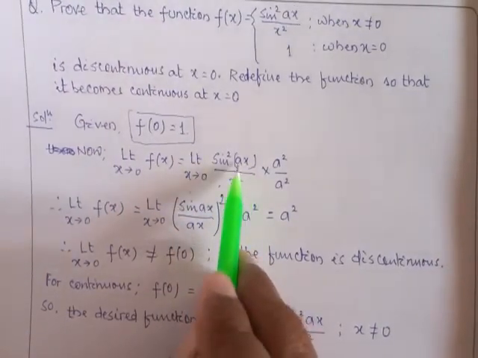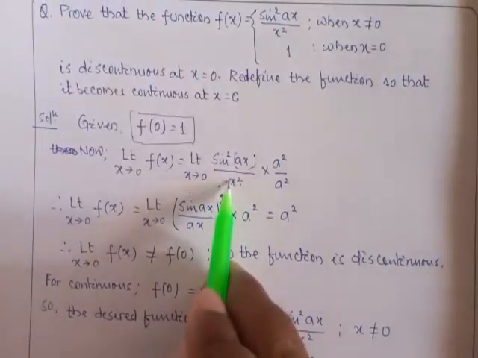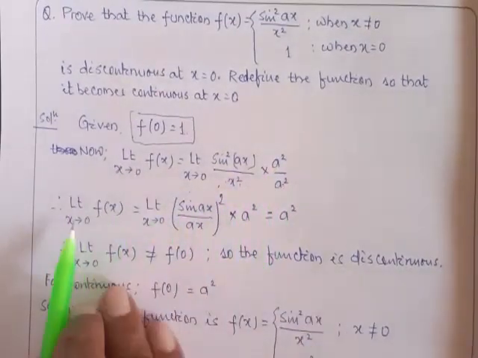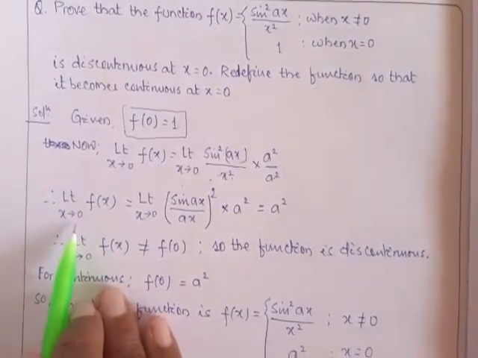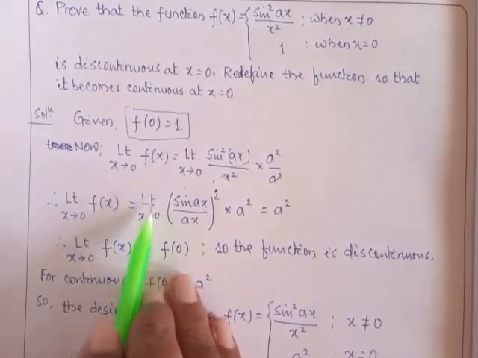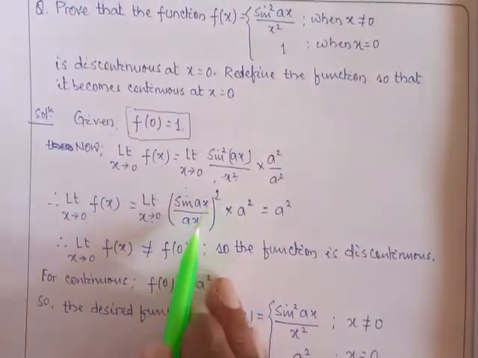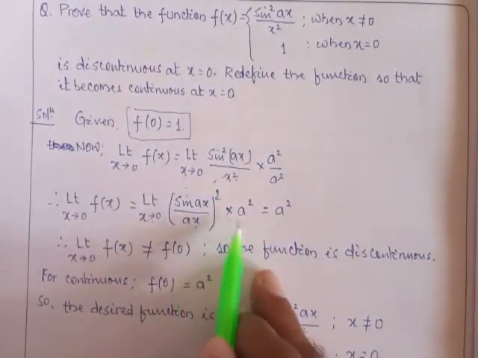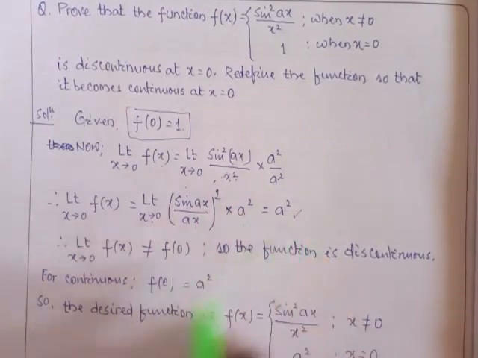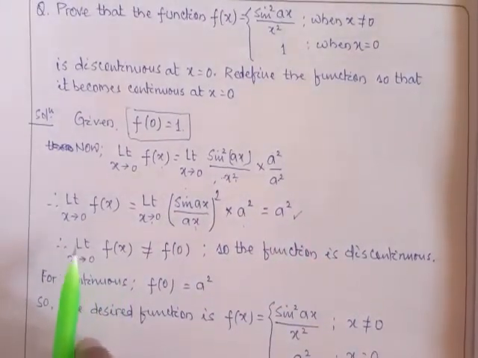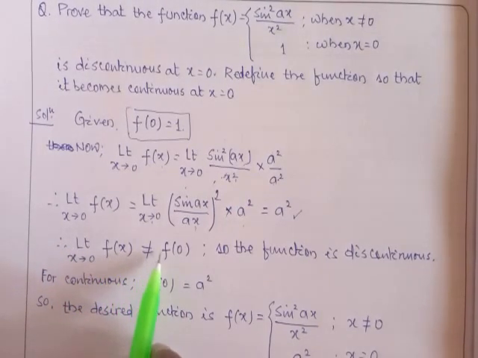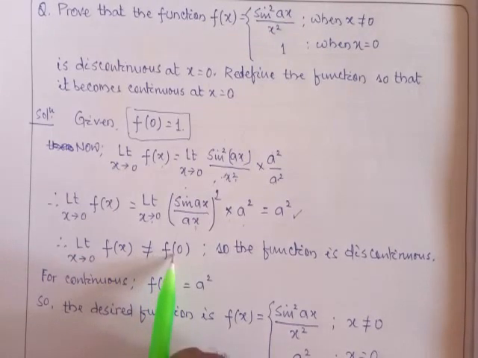So rationalize the term by a². Then limit x tending to 0 of f(x) becomes limit x tending to 0 of (sin ax by ax) whole squared, and the denominator becomes a²x² into a². So it is a². Hence we see limit x tending to 0 of f(x) is not equal to f(0). So obviously the function is not continuous, it becomes discontinuous.